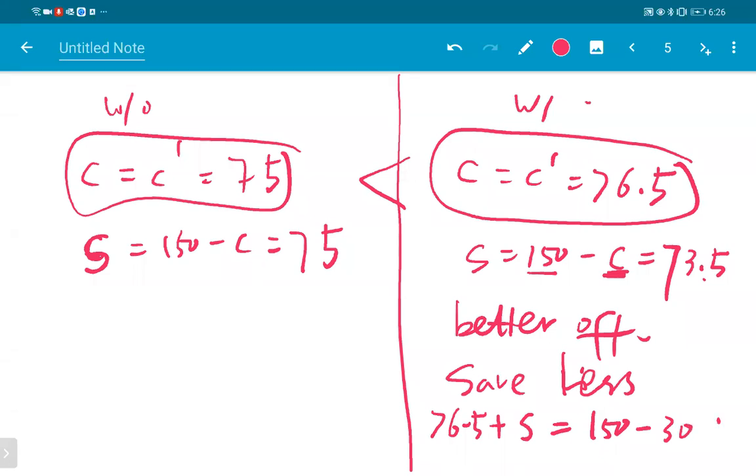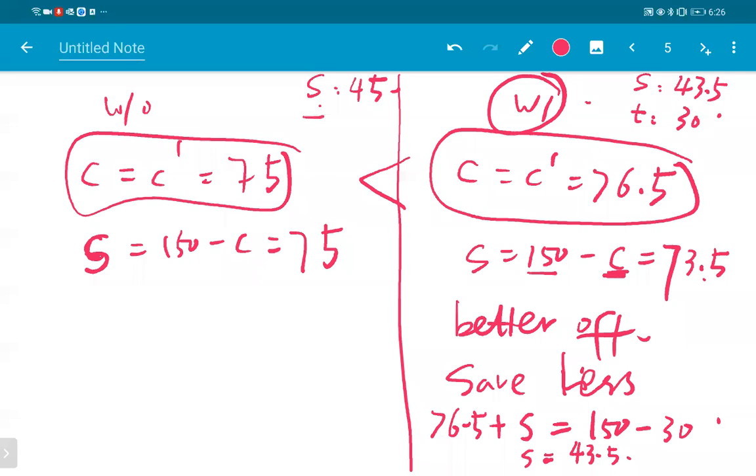So your saving is less than that. Your saving is actually 43.5. So with Social Security, you save 43.5 and you pay tax of 30. Without Social Security, you save 45 and you pay zero tax.